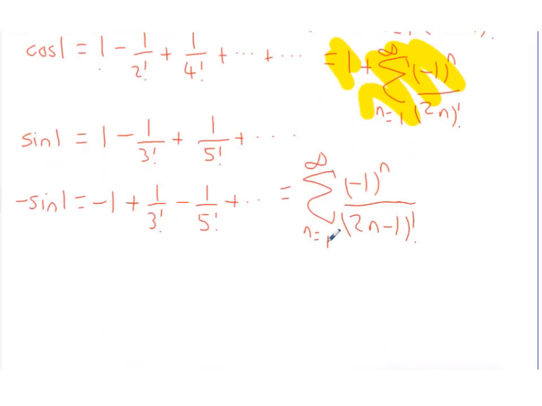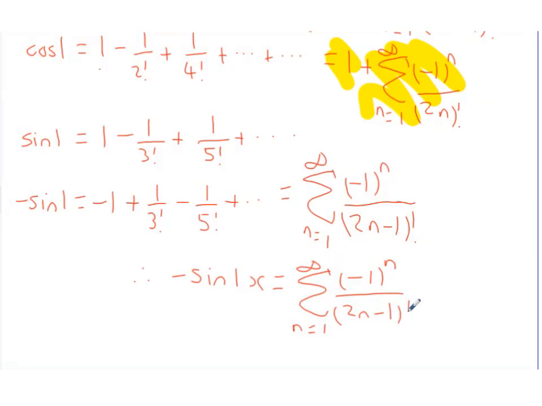So if we just times that by x, minus sine 1x, well that is just going to be all of that, but with an x, equals the sum from n equals 1 to infinity of minus 1 to the n over 2n minus 1 factorial x.